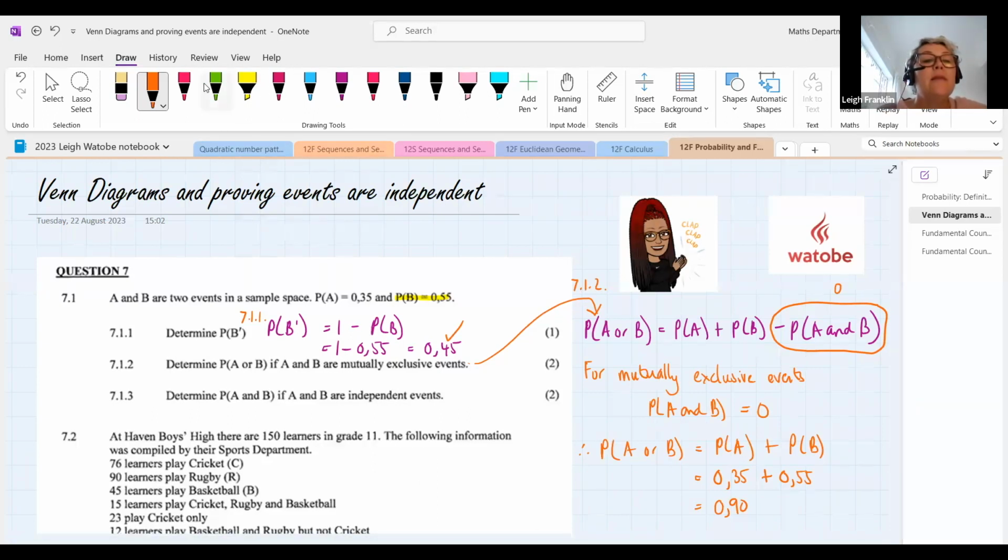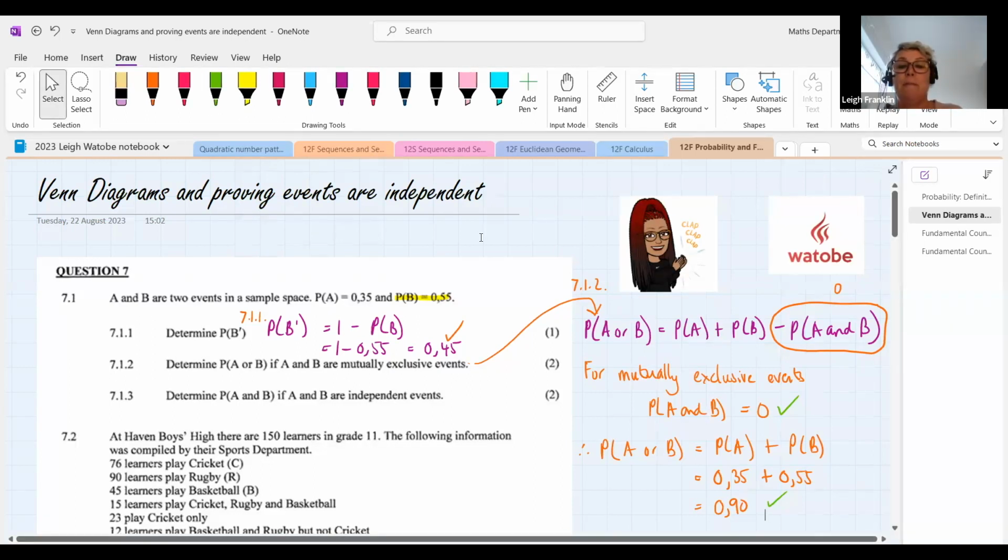So here, I think they'd want us to show that, and then we'd get a mark over there as well. And then the last question here asks us to determine the probability of A and B, if A and B are independent events. Okay, can anybody remember the rule that we would use if events are independent?